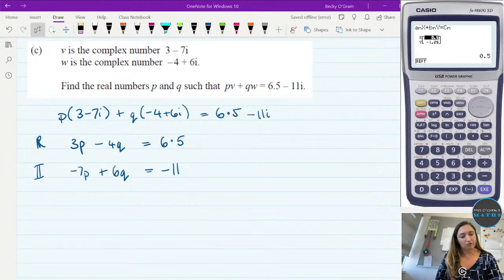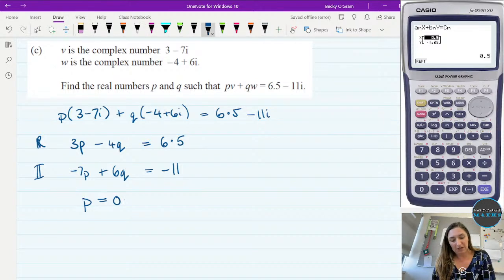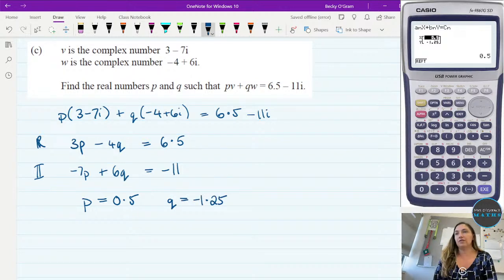Then we hit solve, which gives us, although the screen refers to x and y, here we are looking at p and q. So we have p is 0.5 and q is equal to negative 1.25. That's such a lovely, easy merit question.